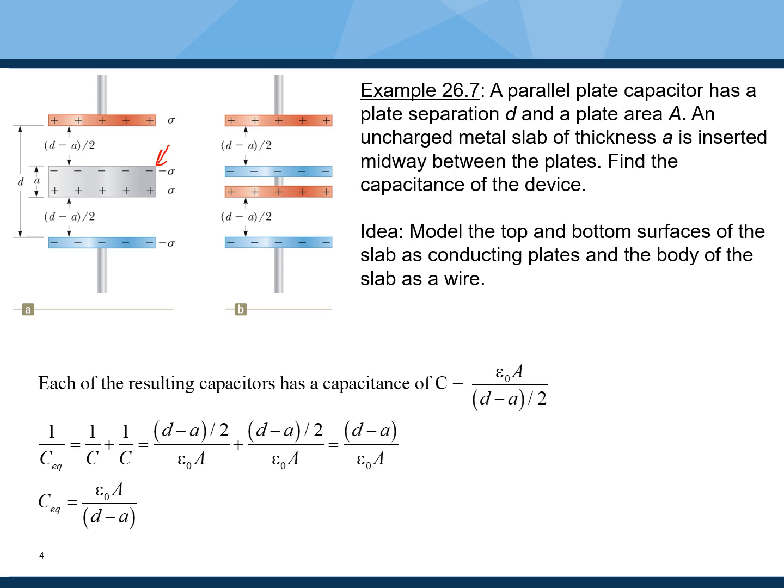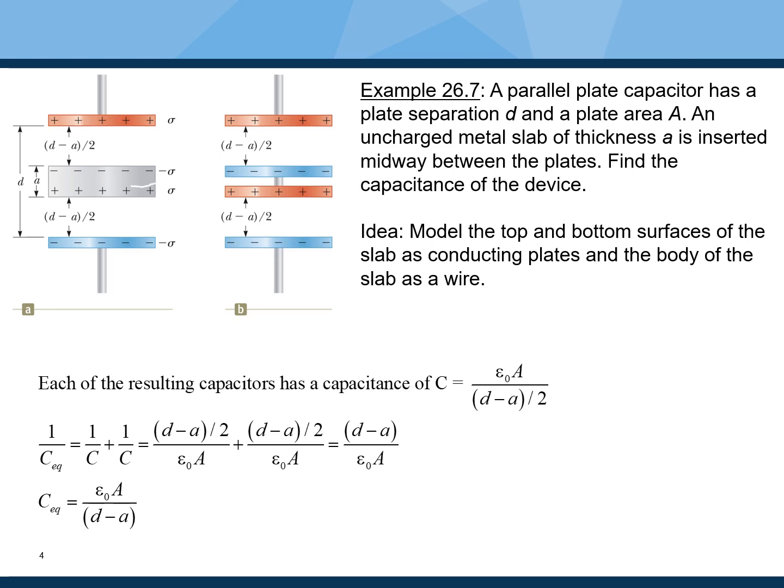Now what I want you all to do is essentially improve your intuition so that you can realize that the configuration in the left figure is exactly the same as the configuration in the right figure. How do you improve your understanding of that? The answer is that let's imagine, if we like, that I can white out certain portions of the metallic slab that has been introduced.